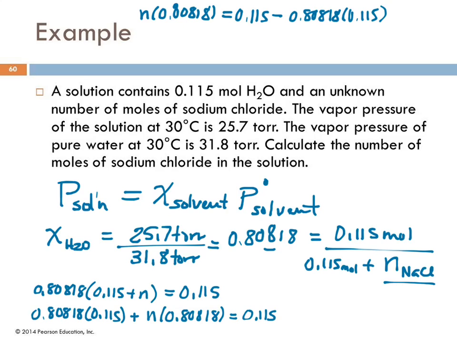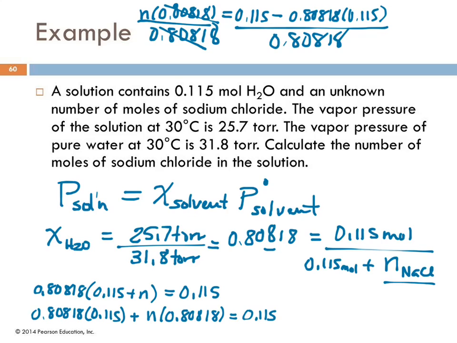And then I'm going to divide by this to get the n by itself. Isn't that lovely? 0.115 minus 0.80818 times 0.115. Press the equal sign and then divide by 0.80818, equals.